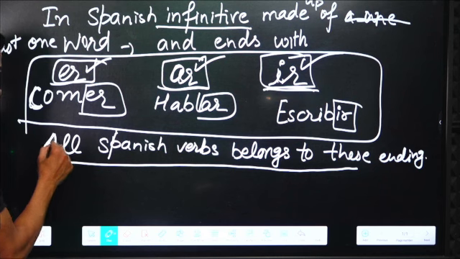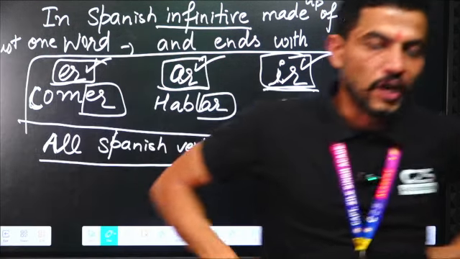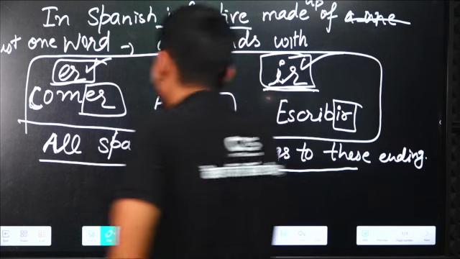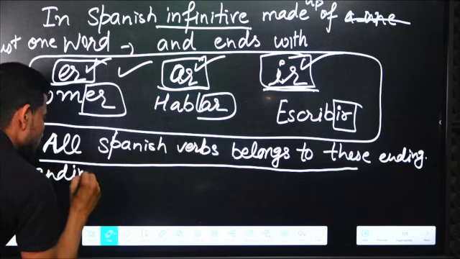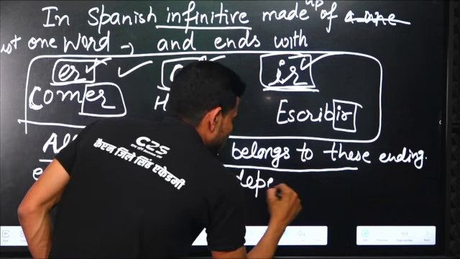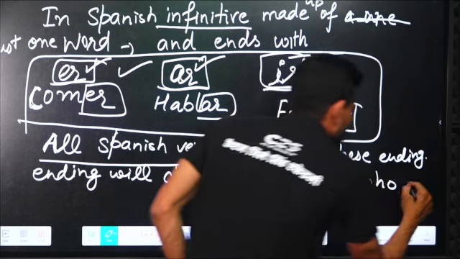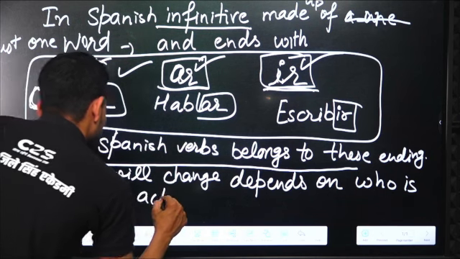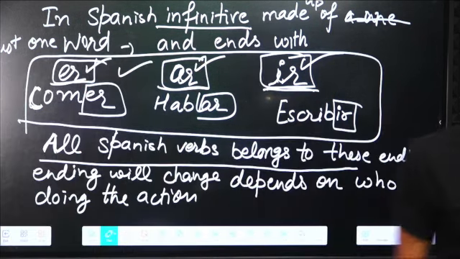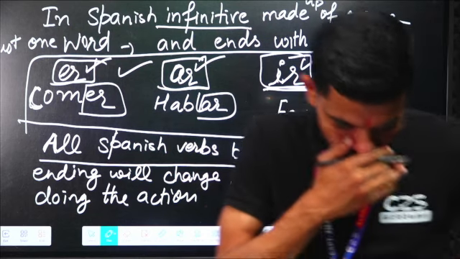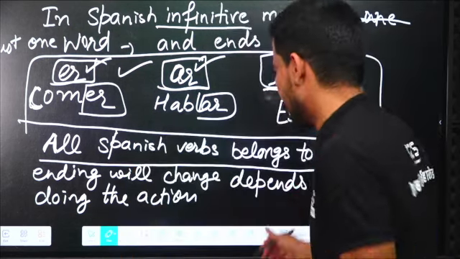Now, one more important thing is that Spanish verb endings change depending on who or what is doing the action and on when the action takes place.